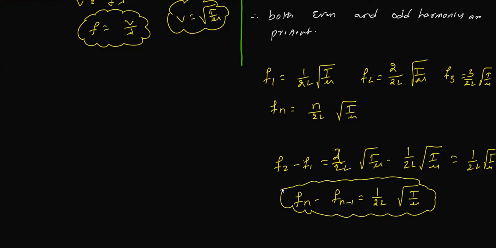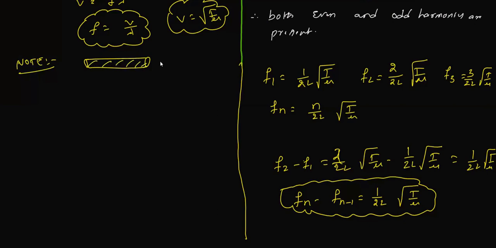Now, for example, they have given one wire, one rope like this, whose mass is m, whose length is l, whose area is A, and whose radius is given as small r. We know that mu is mass upon length, the linear mass density.